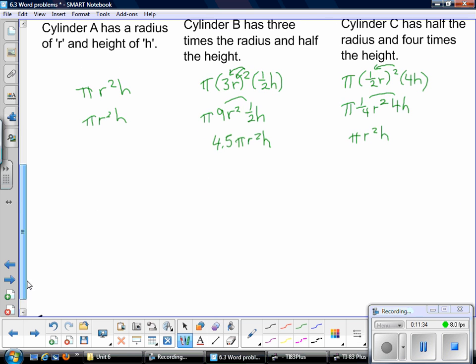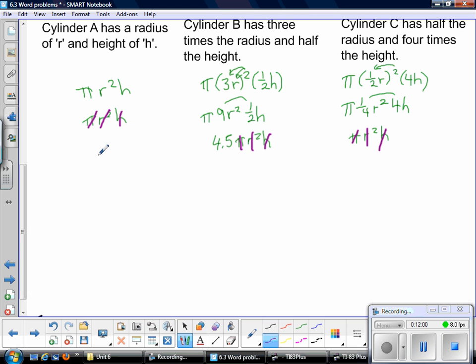Now let's take a look because they asked us to make the ratio. What things do all 3 of them have in common? Well, they all have a pi. So the pi isn't involved in this. So I'm just going to go pi, pi, pi. R squared is involved in all of them. R squared, R squared, R squared. H is involved with all of them. Okay, so the real difference, well, actually, there's no difference between the first one and the last one.